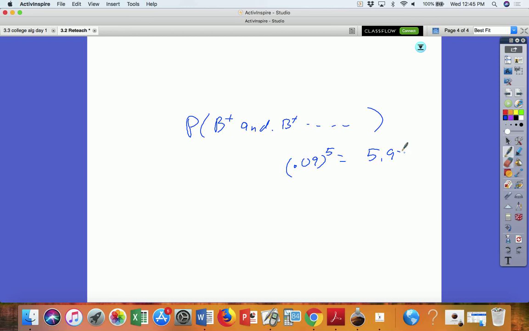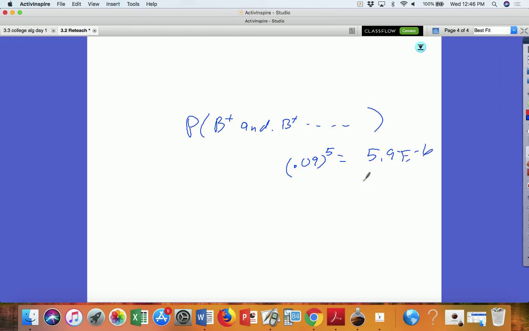E negative 6 means 5.9 times 10 to the negative 6th. So really, really small, right? 1, 2, 3, 4, 5, 6 places. Essentially, there's no chance of that happening. Everybody with me on 27A?